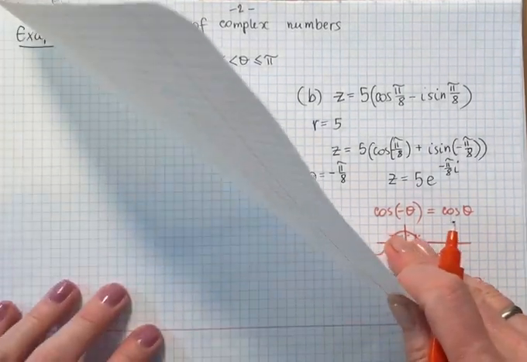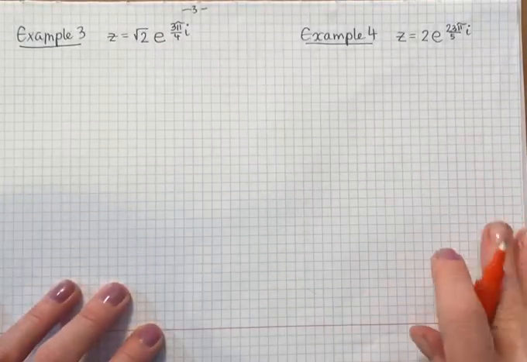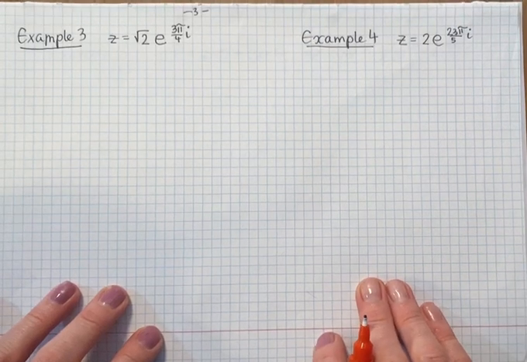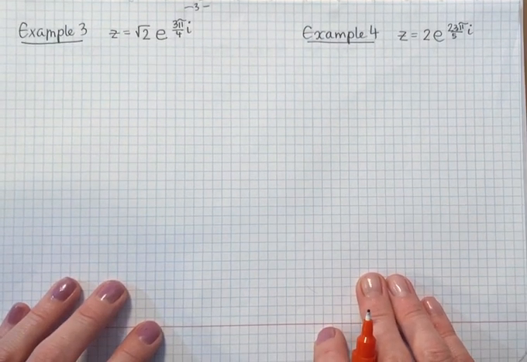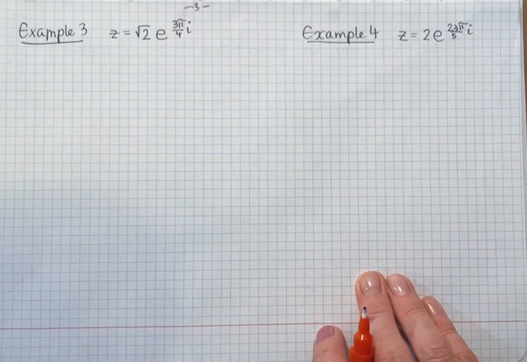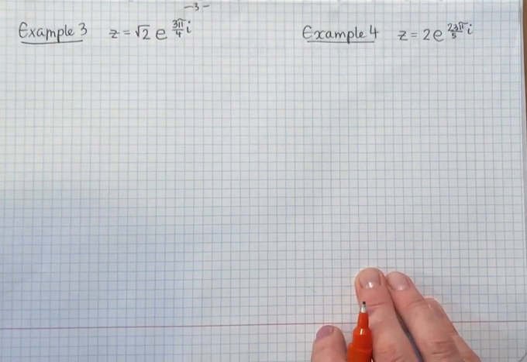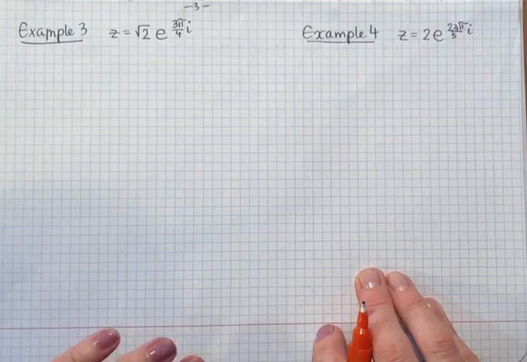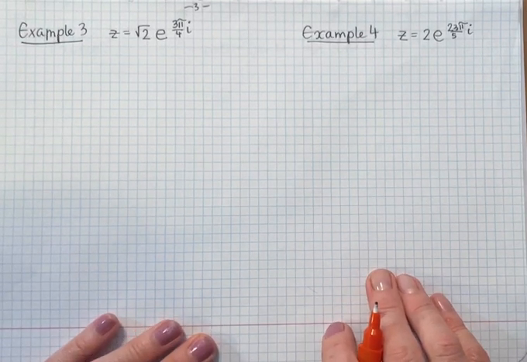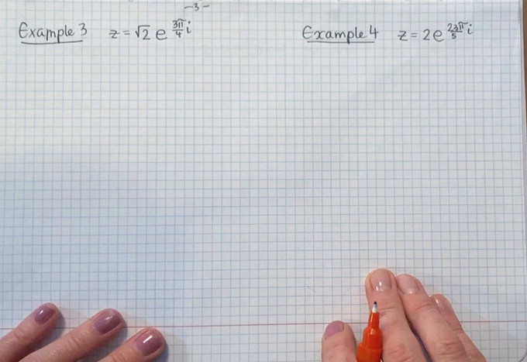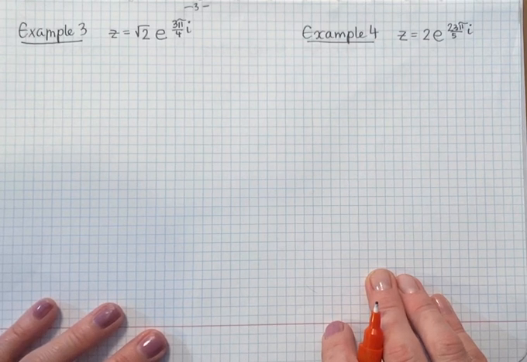Okay, moving on, let's go to example 3. This time we are going to start from our exponential form. First of all, they're asking us to rewrite it in Cartesian form, so you want to work out the real and imaginary parts of this complex number.